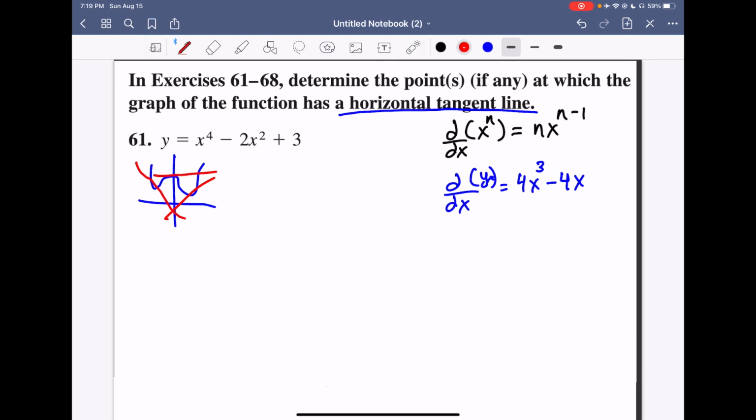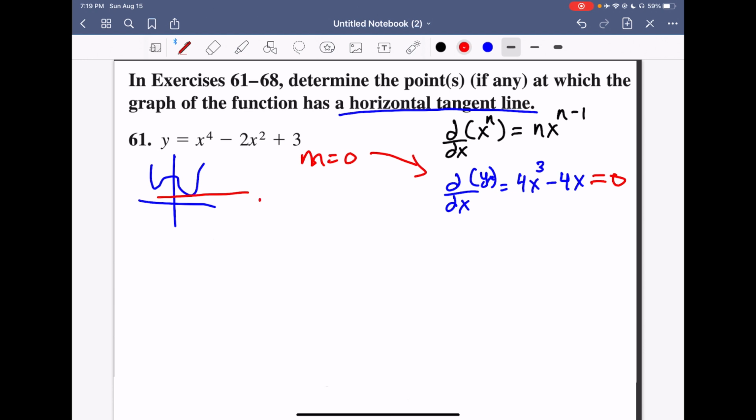But in general, because we're looking for where the graph has a horizontal tangent line, we want to know where our derivative is equal to 0. So that is a tangent line, and that will be horizontal. So basically, we want to know where our slope is equal to 0. And the equation that we have here, that is our slope equation. So let's try to find out.